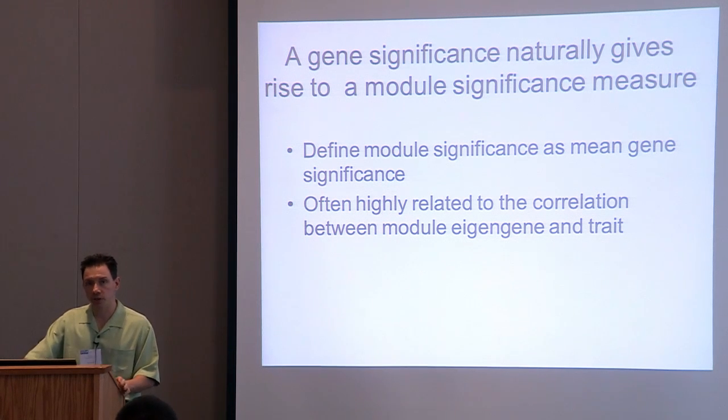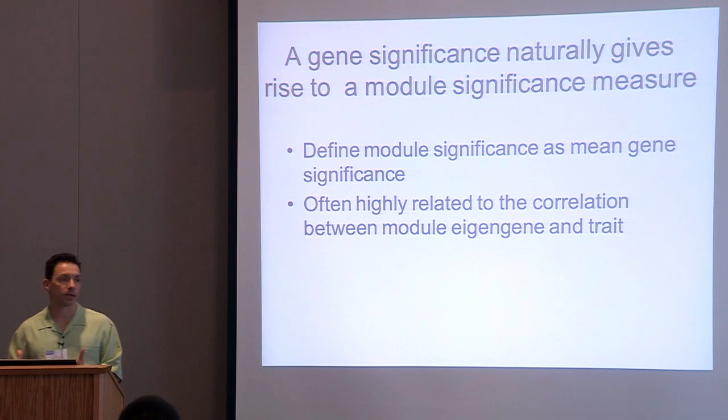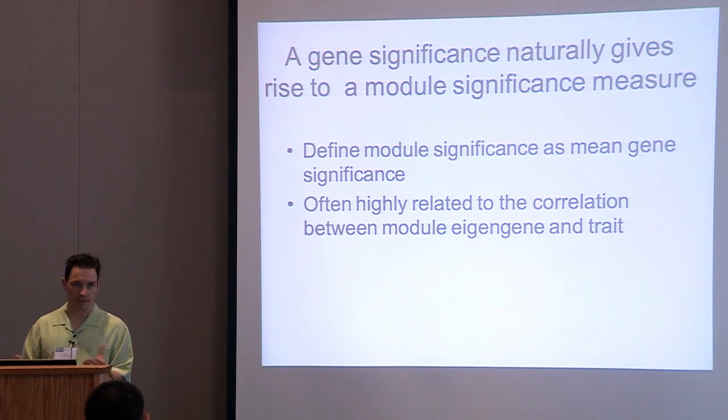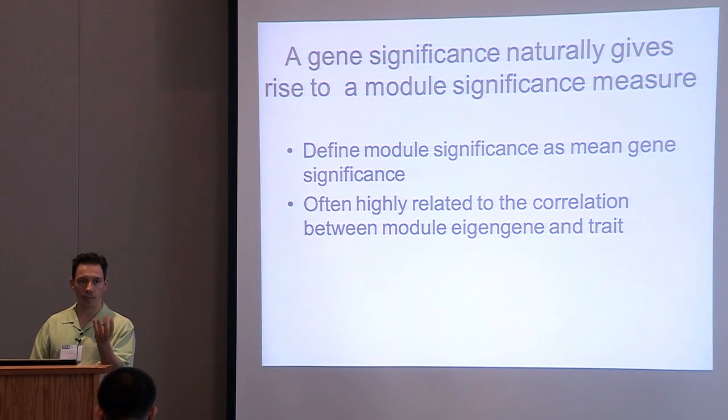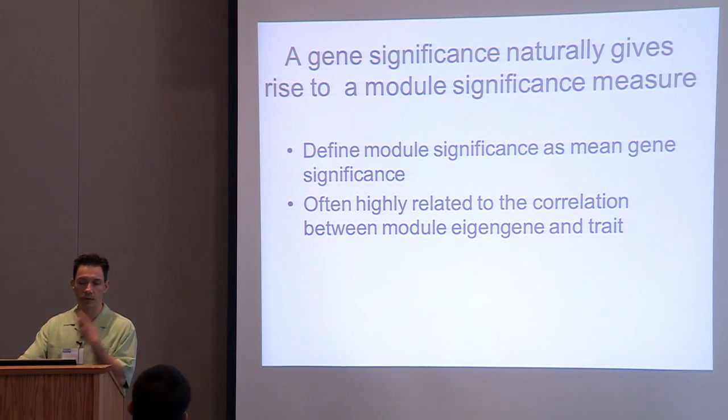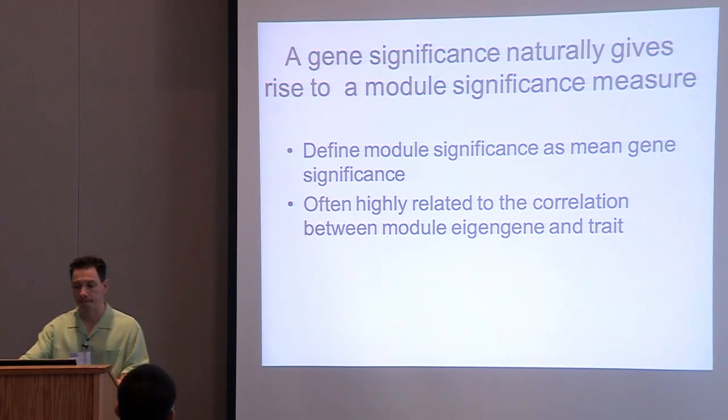Now, once you have a gene significance measure, you can define a module significance measure by simply averaging it, right? Let's say you have the brown module, and then you just ask, what's the average gene significance measure of all the brown module genes? And that average I call the module significance measure.